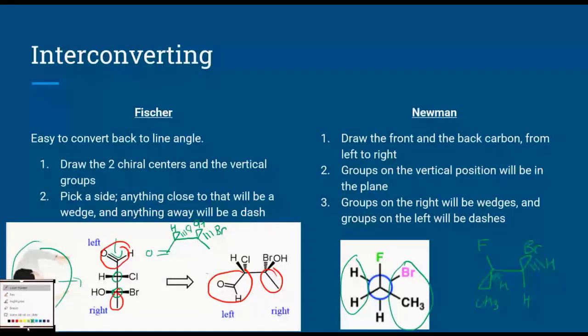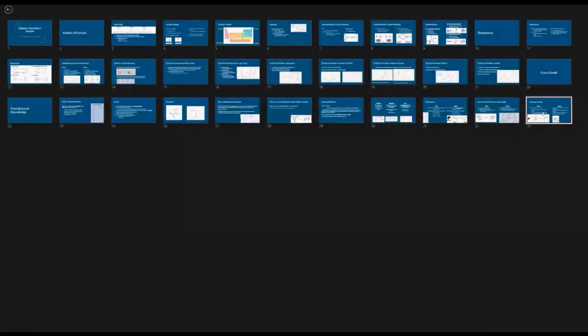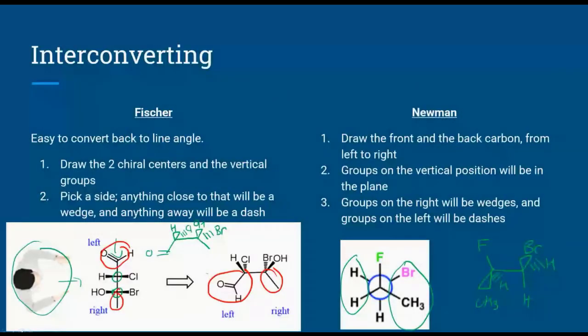So I'll just do an example. Let's say we look at it from the right side. So I'll put a person here. So once we do that, I have to draw out my groups a little differently. So now the CH3 is over here and the aldehyde is over here, right?